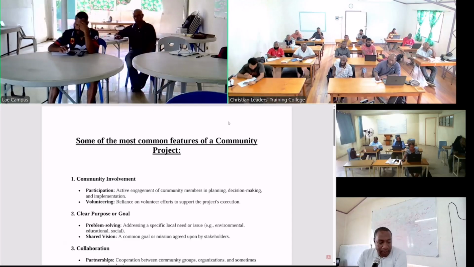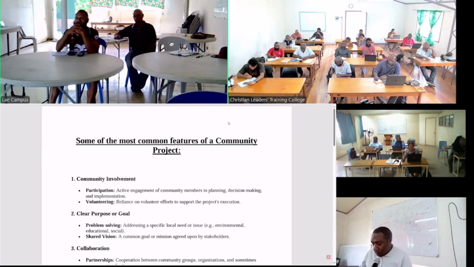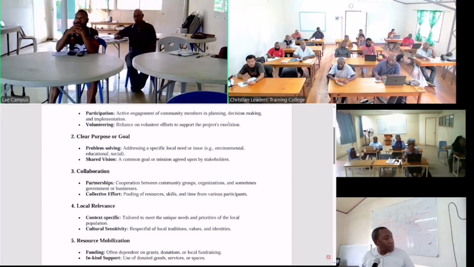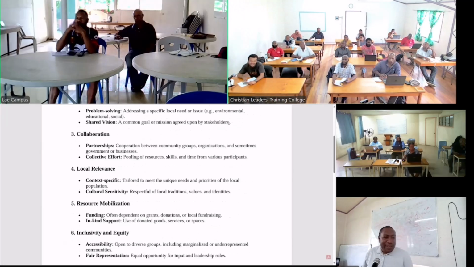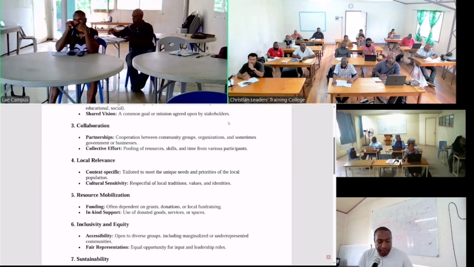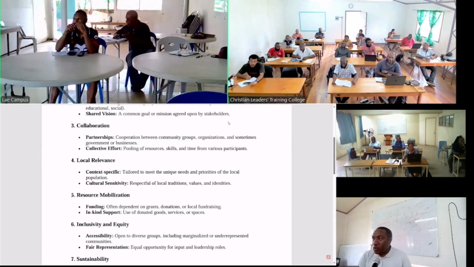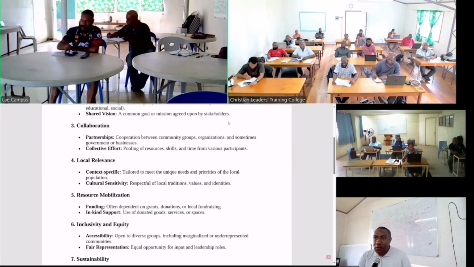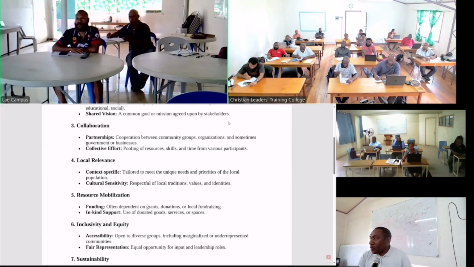So it emphasizes more on partnership, where it's a cooperation between community groups, institutions, organizations, and sometimes government or the local businesses that we have in the community. Those are the stakeholders which we can always work in partnership with.